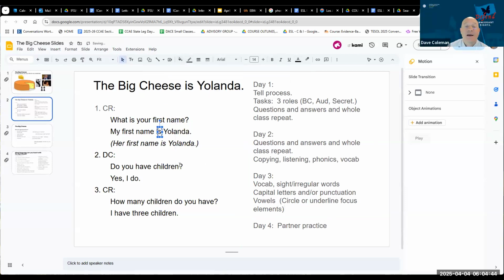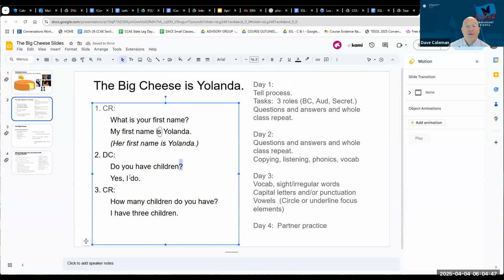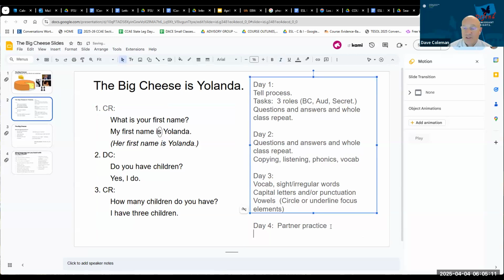So where are all the S's? Oh, there's a yes. Is. So you figure out what you're focusing on, use the grammar from your book. What are you focusing on that unit? Just try and keep everything really cohesive and coherent. So if your book is focusing on this grammar, do it in your big cheese. So let me just finish this off though.